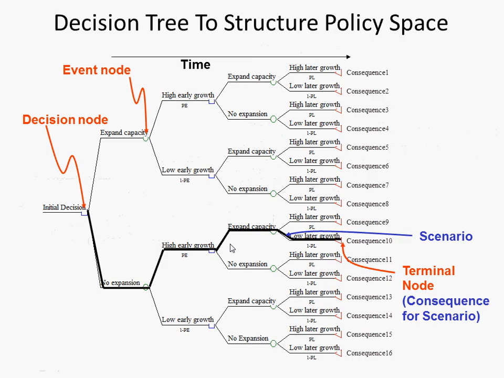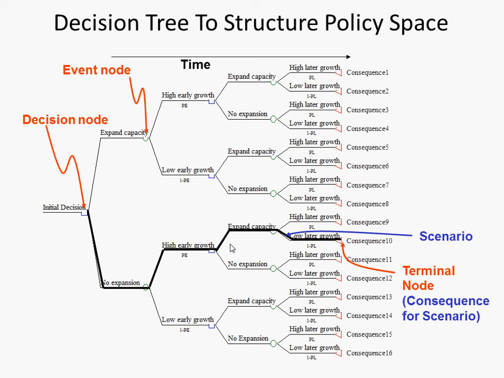Let me give you an example here. So here we have choice and decisions over time. This example is drawn from some consulting I did many years back involving investments in infrastructure. We have an initial choice about whether to expand our infrastructural capacity or not.